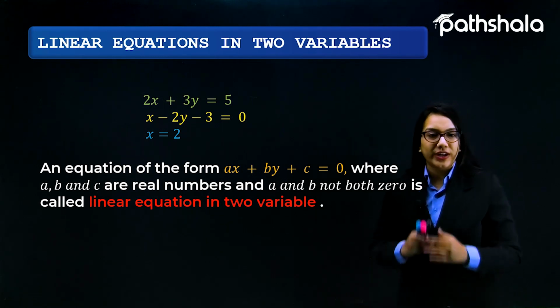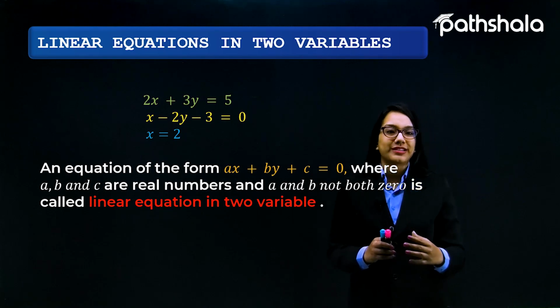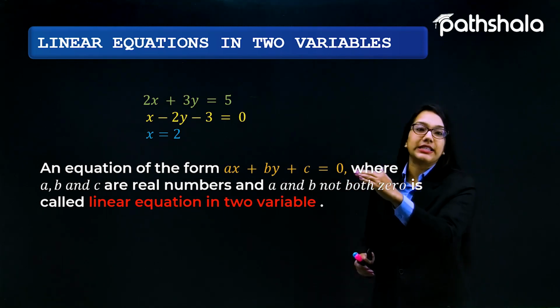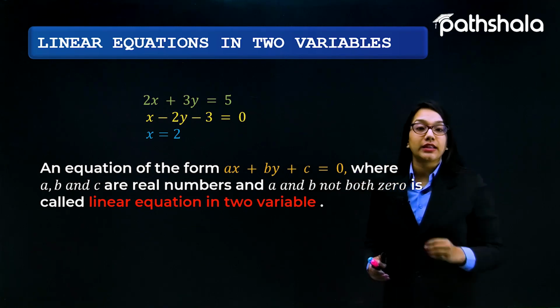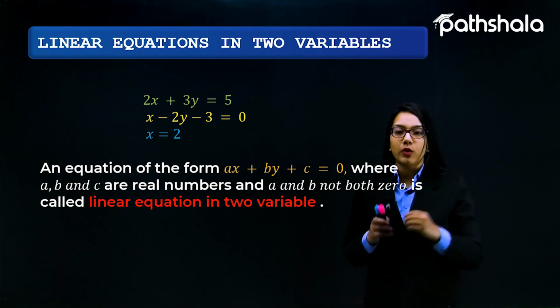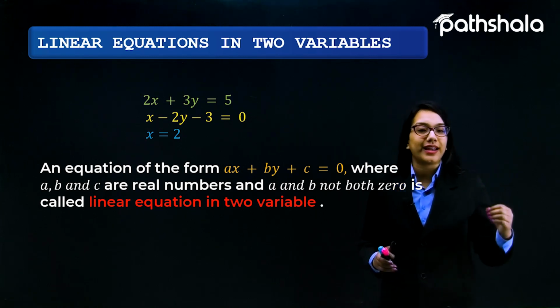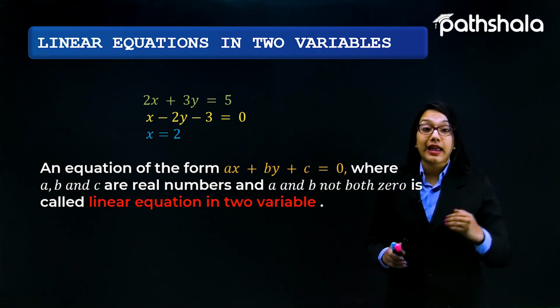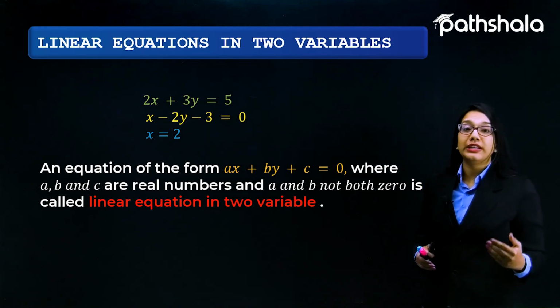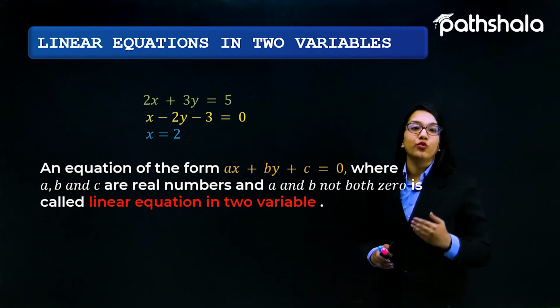So any equation which can be expressed in the form ax plus by plus c is equal to 0 is called a linear equation in two variables, where always remember that a, b, c are any real numbers and a and b are not both 0. So this is all about the linear equation in two variables.